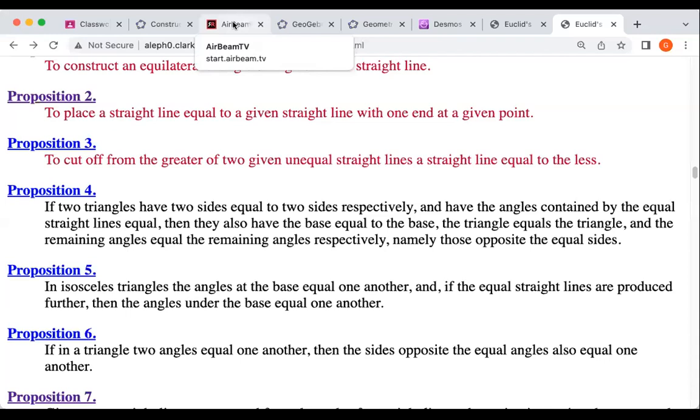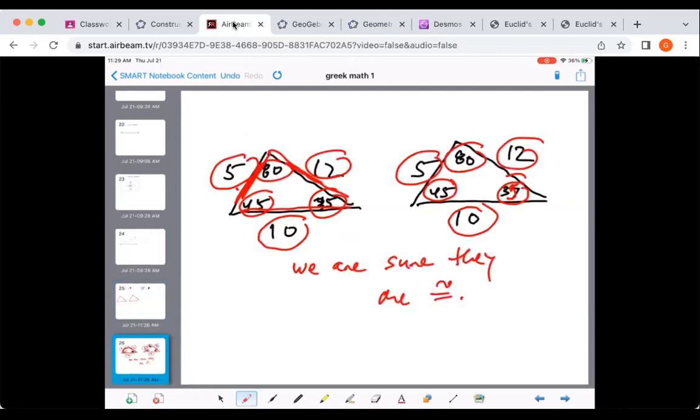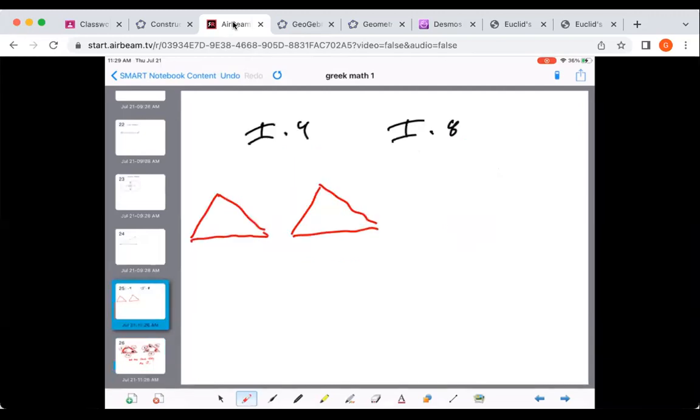Book 1 proposition 4 says that if I have 2 triangles, I will use my same numbers, 10, 45, 5, that I don't need to measure all 6 of the things.